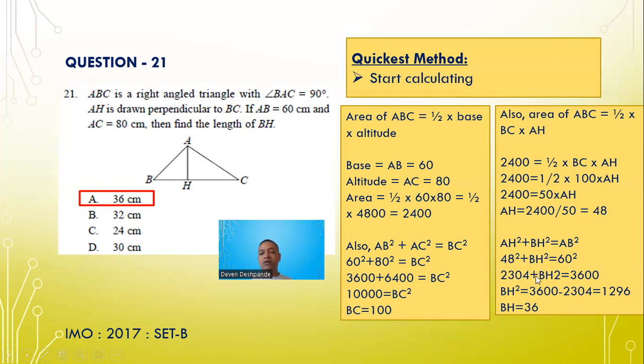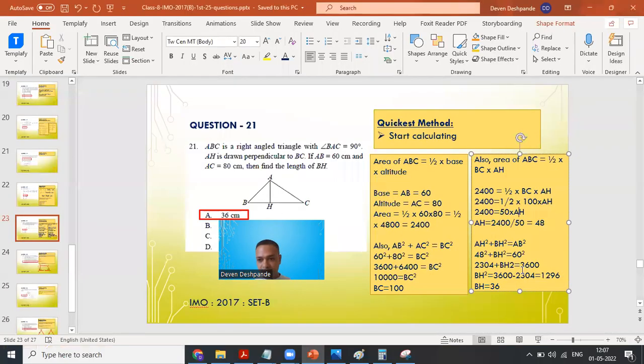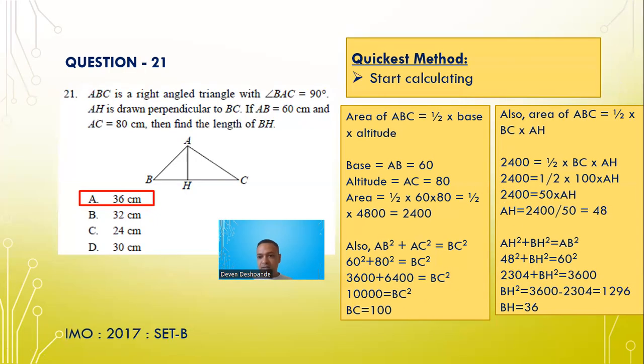What is 48 square? 2304 plus BH square is 60 square, which is 3600. So what is BH square? BH square is 3600 minus 2304, which is 1296. And so BH is square root of 1296, which is 36. So BH is 36.